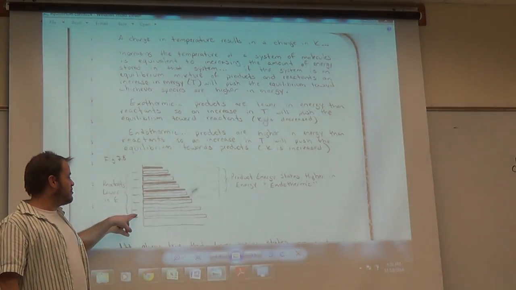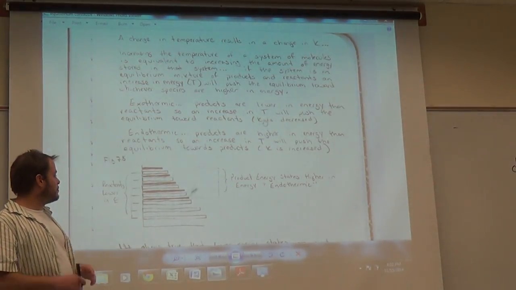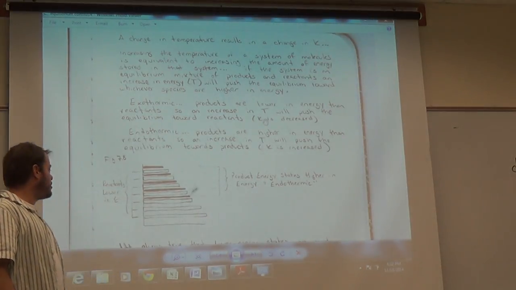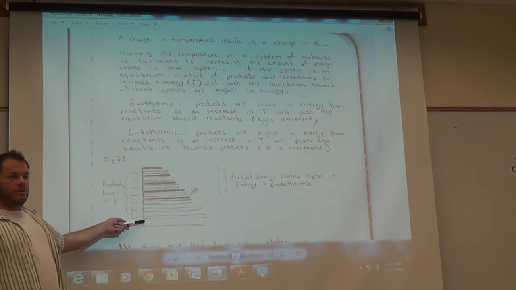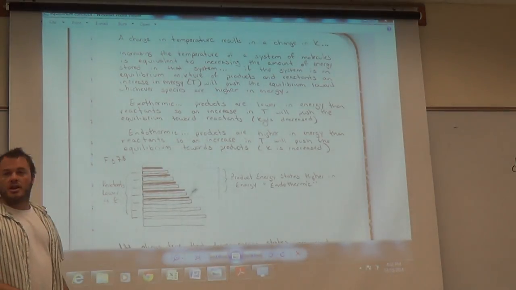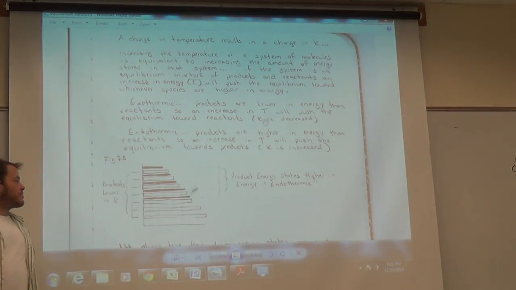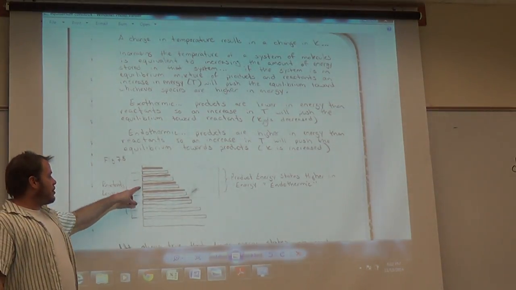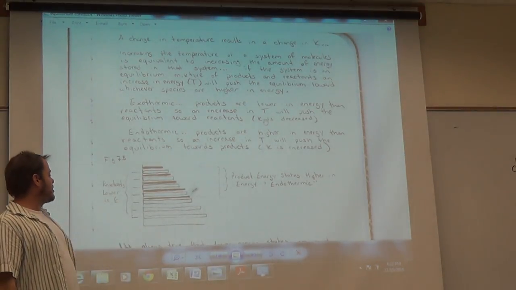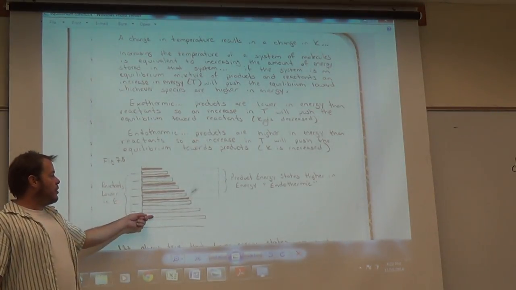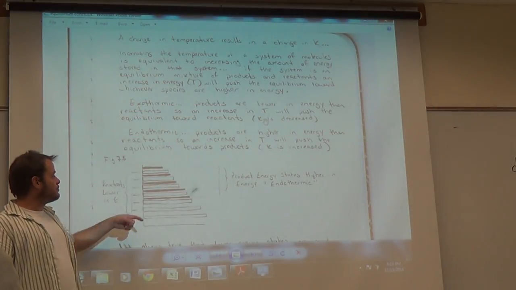In general, it'll tend to be that your lower energy species are dominant, because the lowest energy states get populated first, just like they did with the Boltzmann distribution. And so it'll tend to be that the lowest energy species, in this case our reactant molecules, will end up dominating the equilibrium.